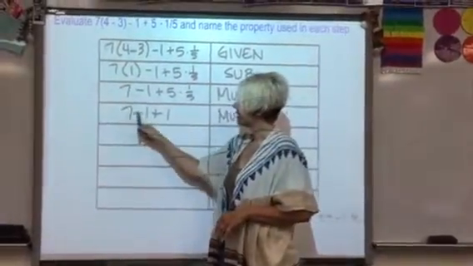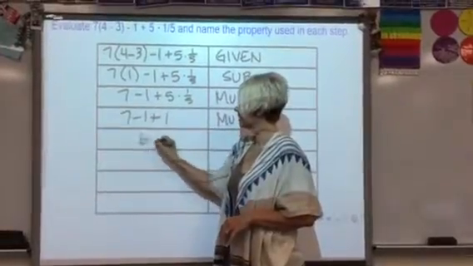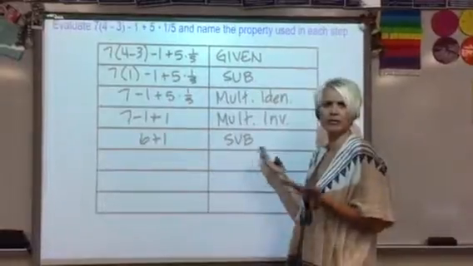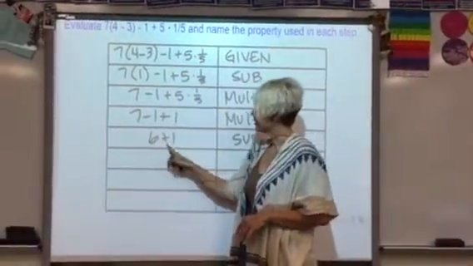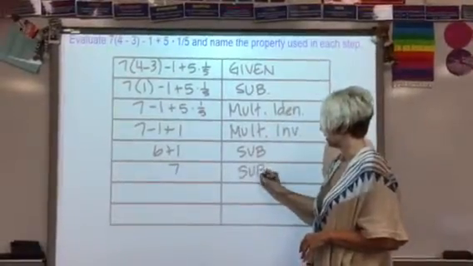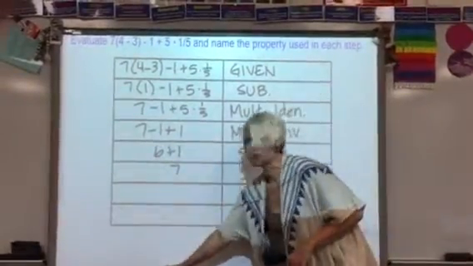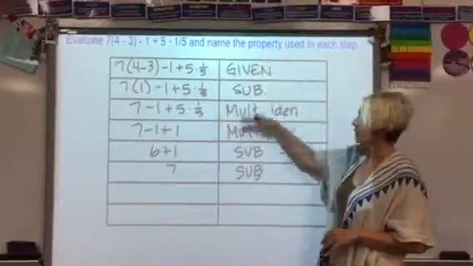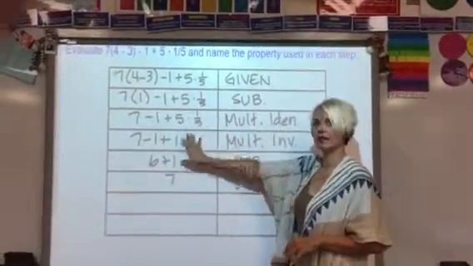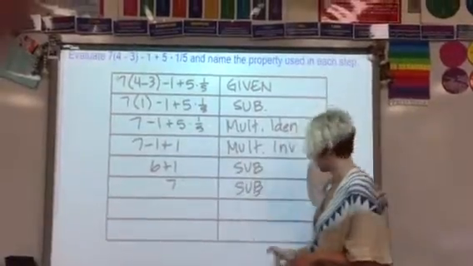Now we work from left to right. 7 minus 1 is 6. That is just substitution because that's not a special property to subtract 1. And then we have 6 plus 1, which is 7, and that is also a substitution. So you have all of your steps identified. You're going to get credit for having each step identified and each property correctly identified as well.